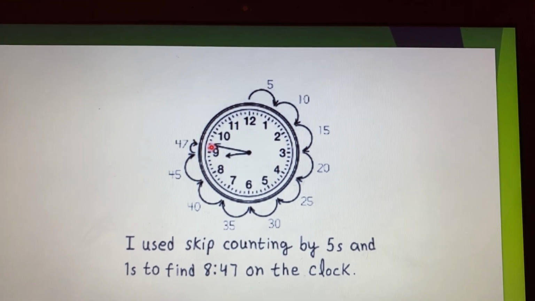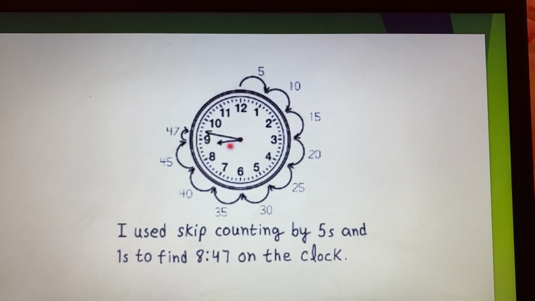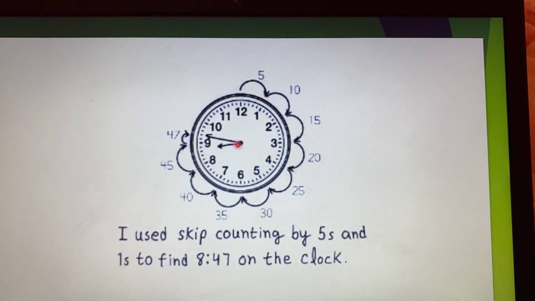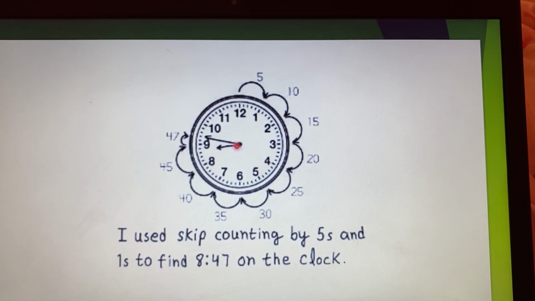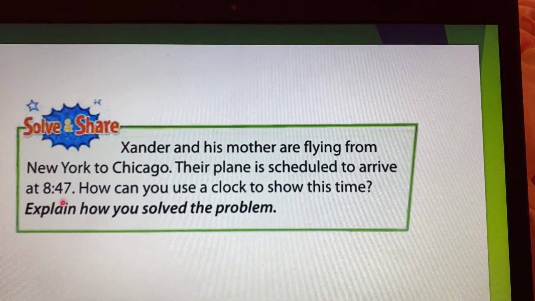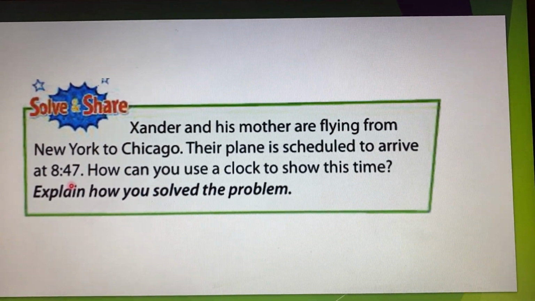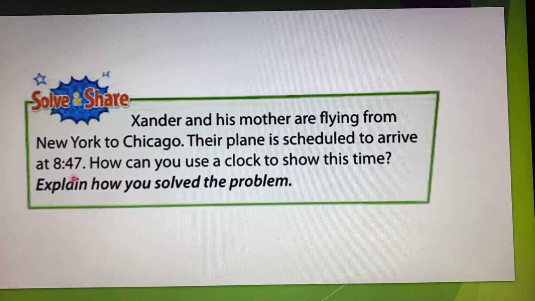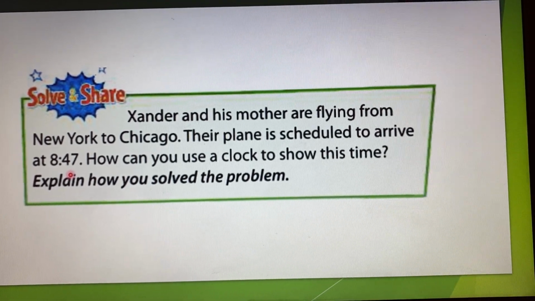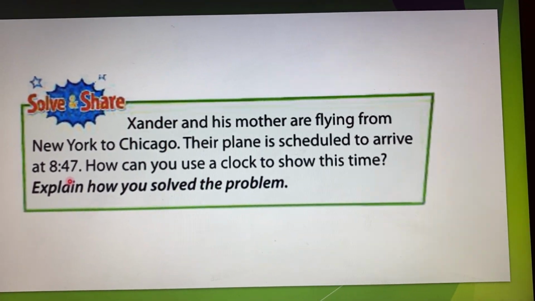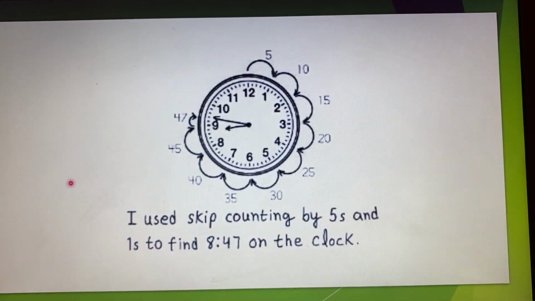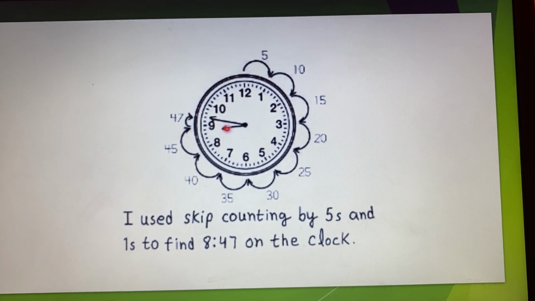Now, look here. I drew the short hand closer to 9. Why? Because the minutes are 47, and I already have 60 as a full hour. So it is almost 9, but not yet. It's closer to 9 than to 8.